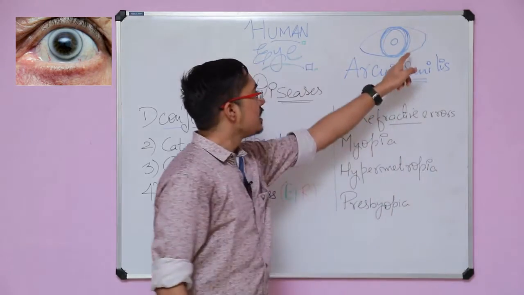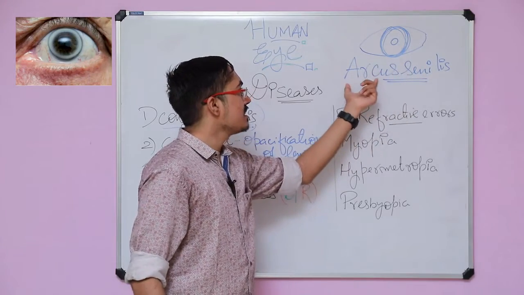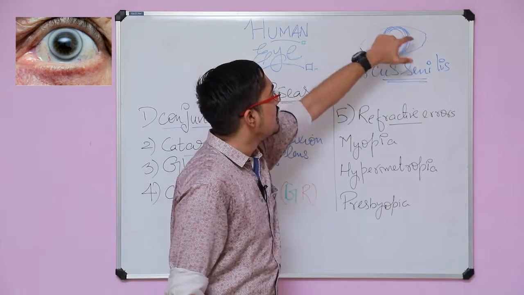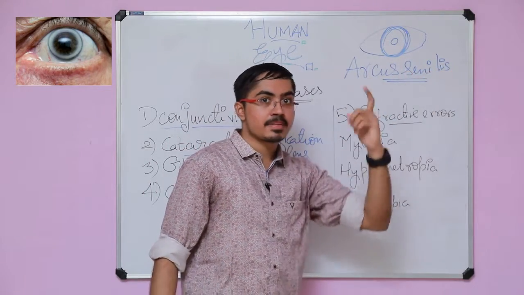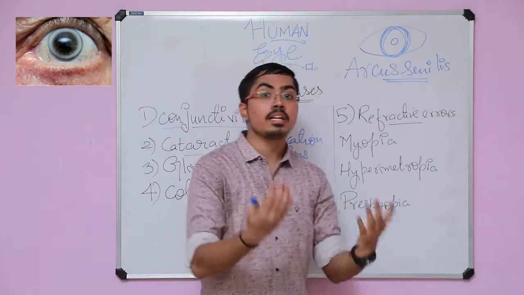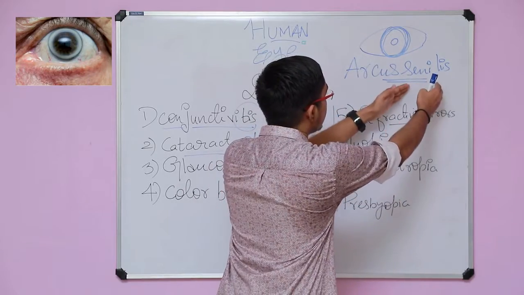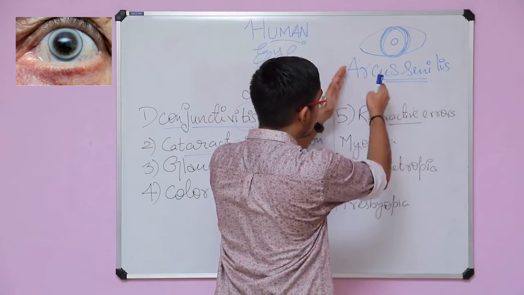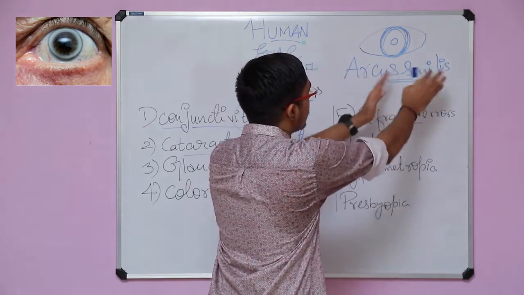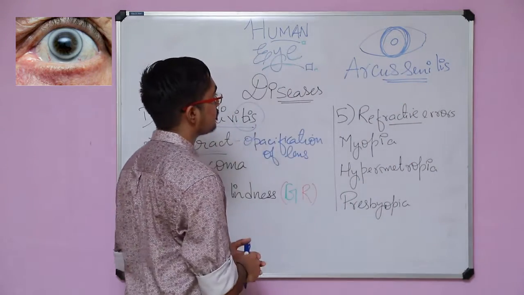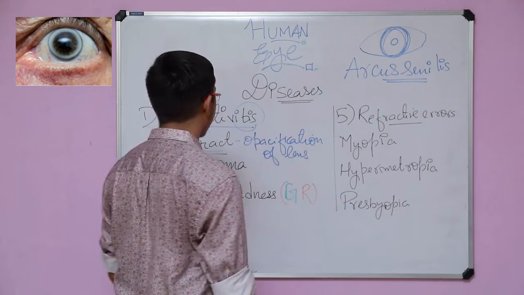So this is an arc like structure, a circle present on the periphery of the cornea, and senilis, it is present at a senile age, that is an older age. So it is a ring present in the senile age. Now this is not cataract.